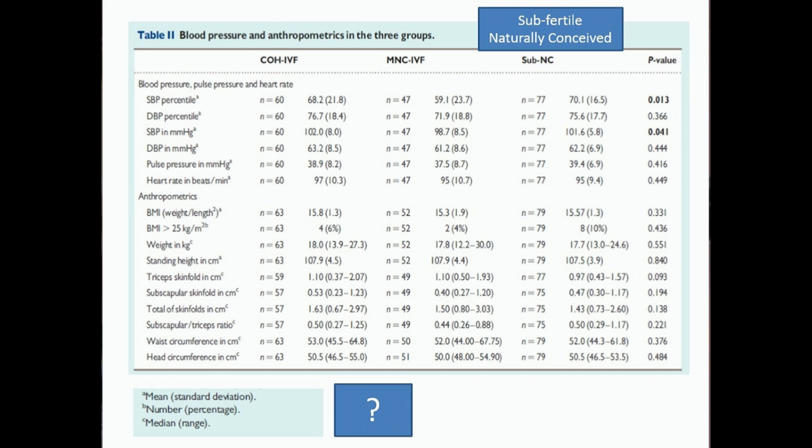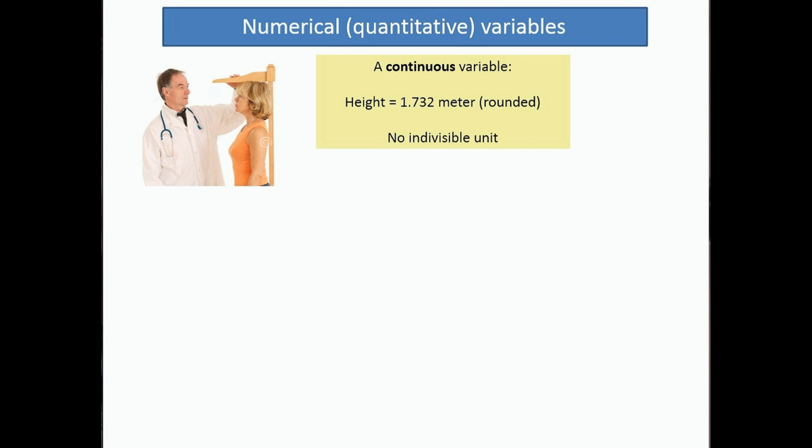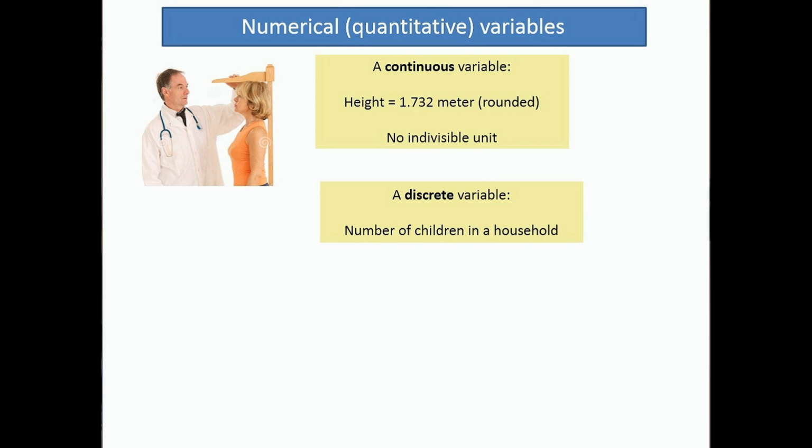Well, there are several types of variables. The main division into types of variables is between numerical or quantitative variables on the one hand and categorical or qualitative variables on the other. A numerical variable can be either continuous, like height, or it can be discrete, like number of children in a household.